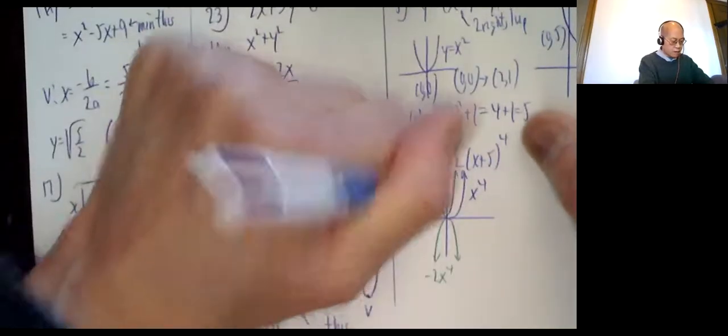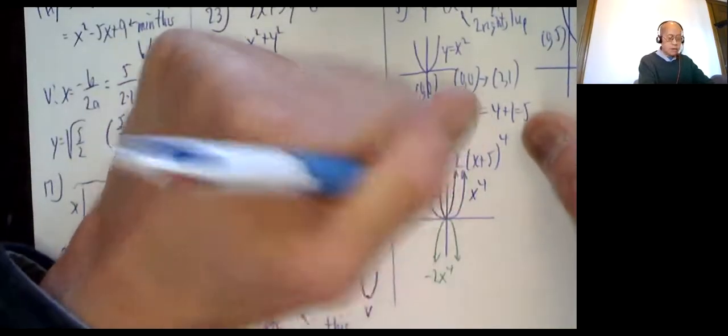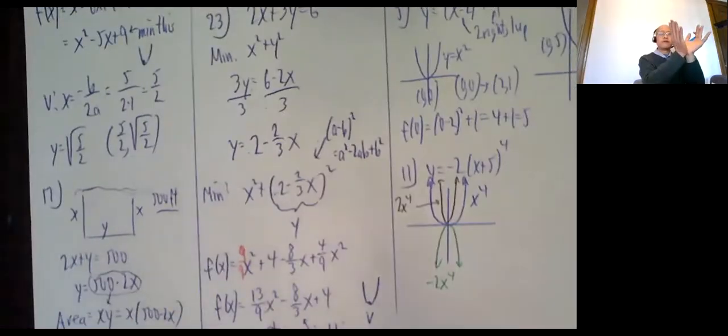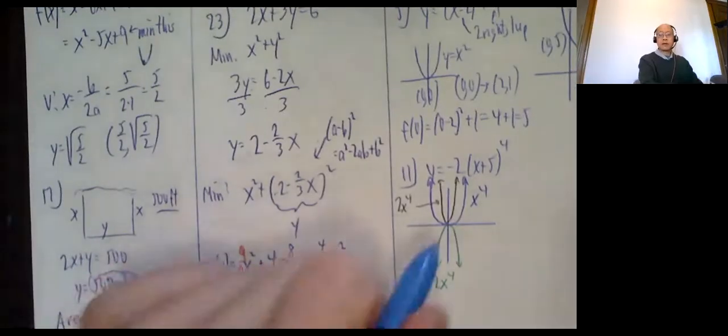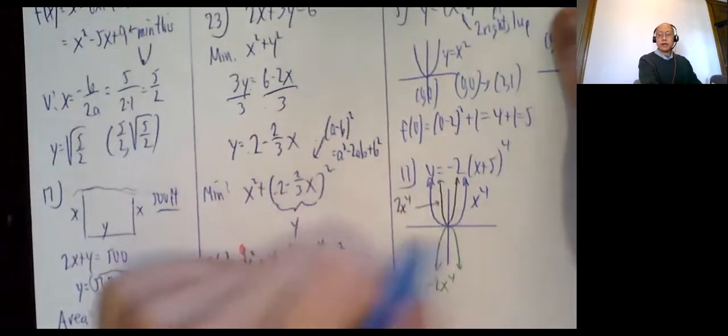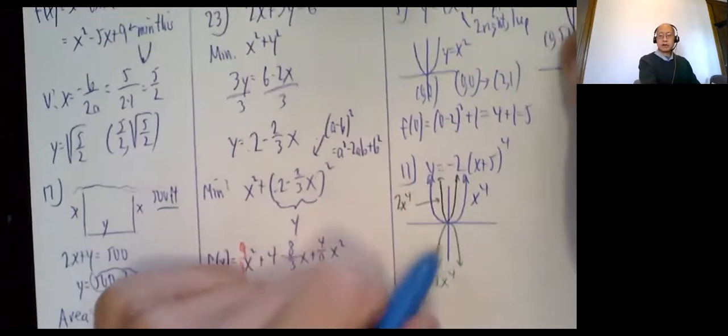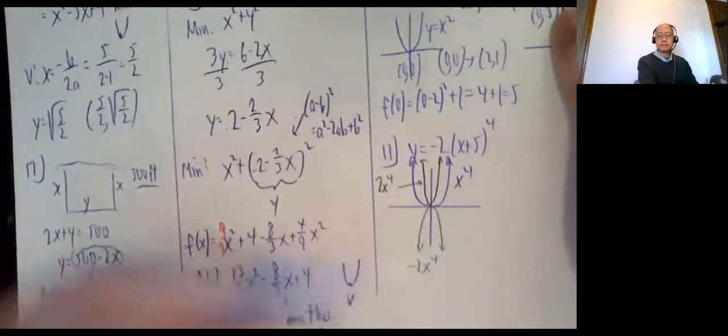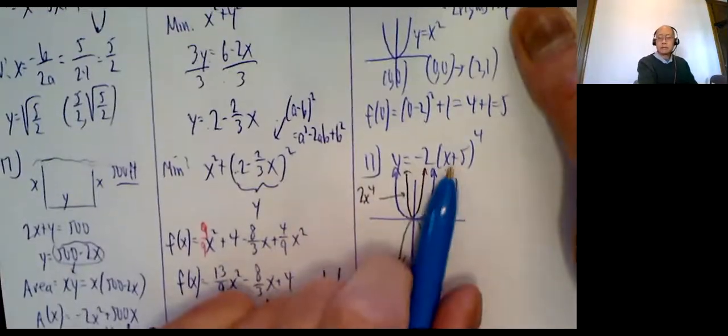So now the picture is getting a little bit cluttered, but this is 2x to the 4th. It shoots up to infinity faster, so it kind of goes like that. That's 2x to the fourth. Then reflect across the x-axis. It goes like that. Then what about that?